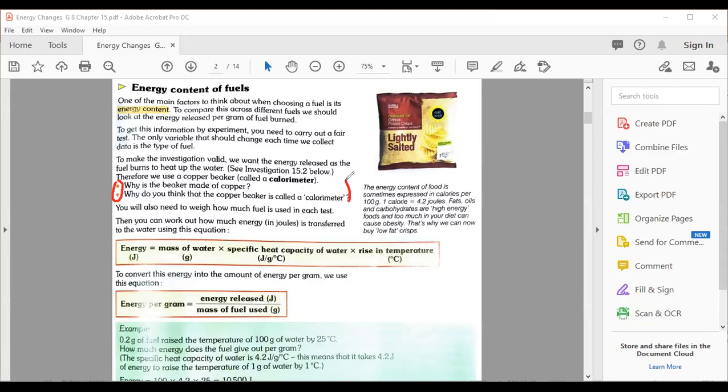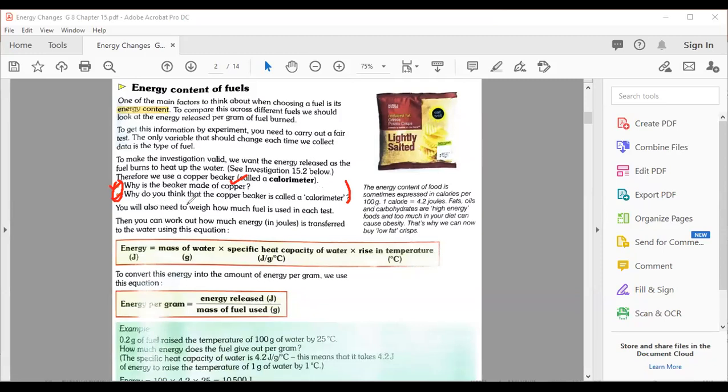These two questions are your assignments. You will tell me in the chat or even on WhatsApp.